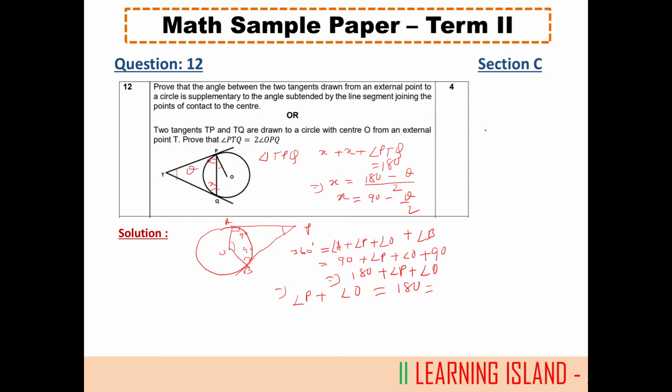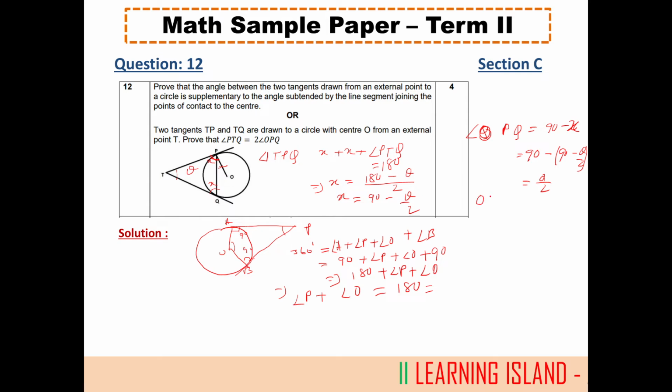Again, we know this total angle is 90, so angle OPQ would be equal to 90 minus X. Since X is 90 minus theta by 2, it is coming theta by 2.